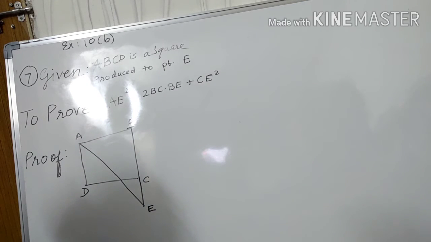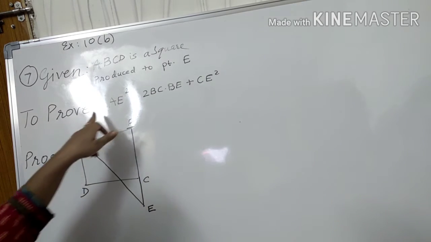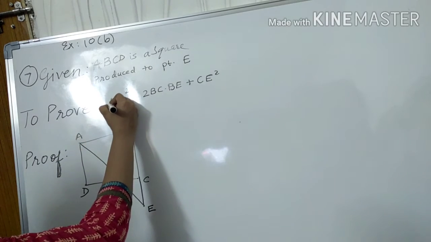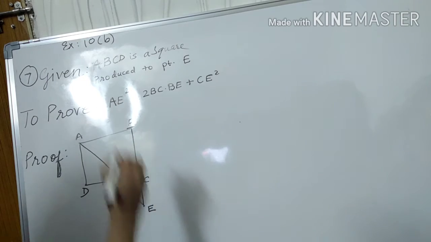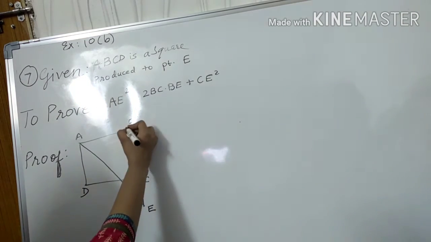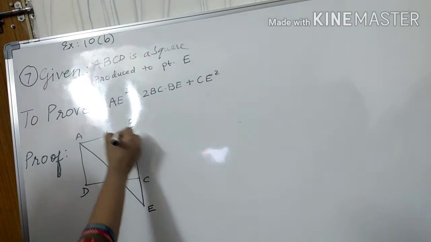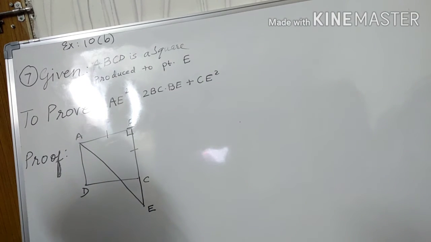Why is there a need to join AE? Because see our to prove part, we need AE square on the left hand side. So students, we need to join AE. Also angle B is 90 degrees, as we know in a square all angles are 90 degrees. Also AB is equal to BC. Why? Because in a square ABCD all sides are equal.